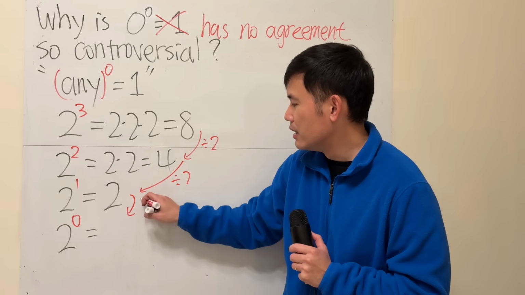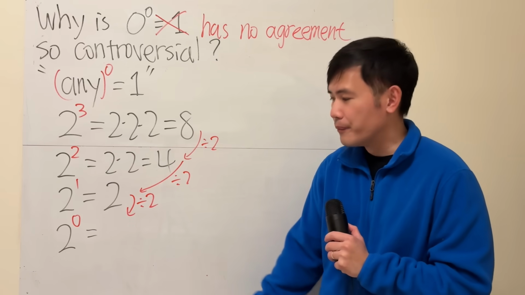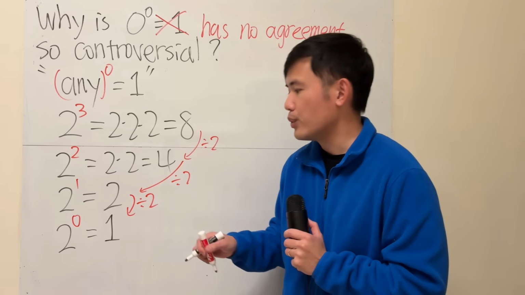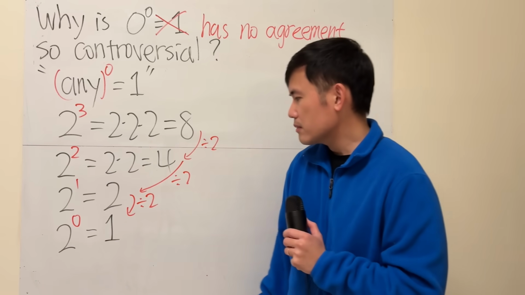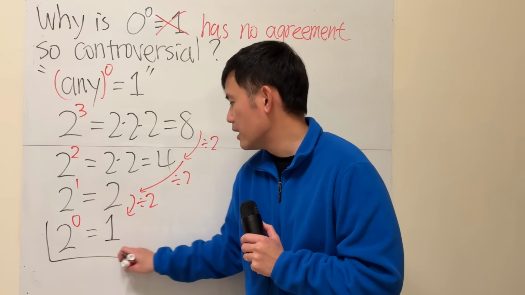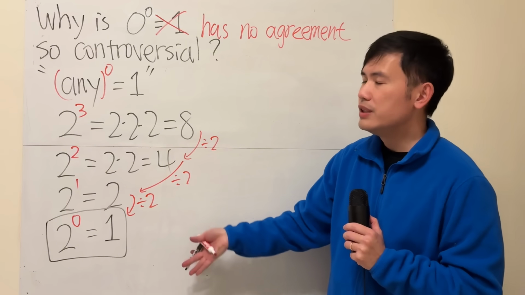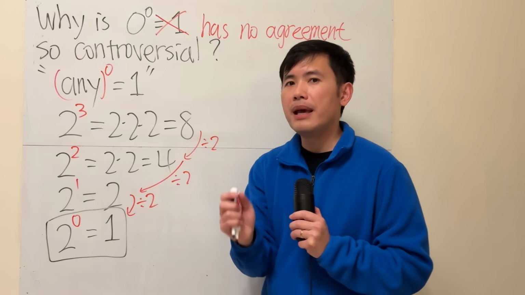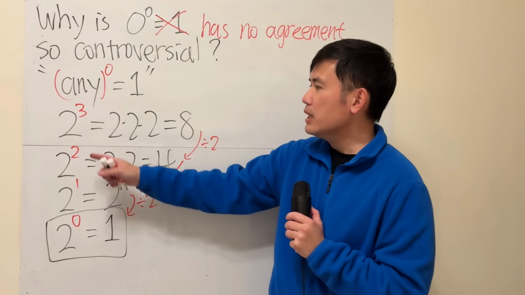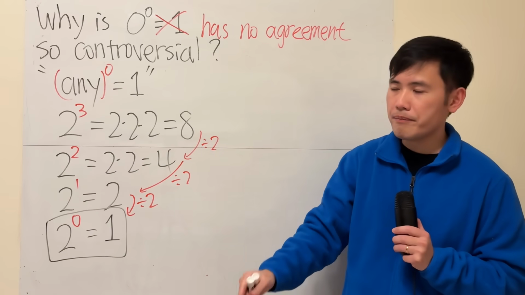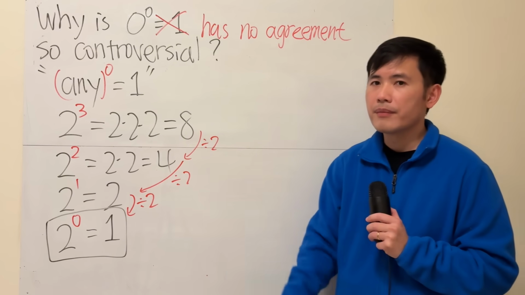And we can do the same thing. 2 divided by 2 is legitimate, and we know that it's equal to 1. Therefore, we define 2 to the 0th power to be 1. And this reasoning works for any number as long as the base is not 0.